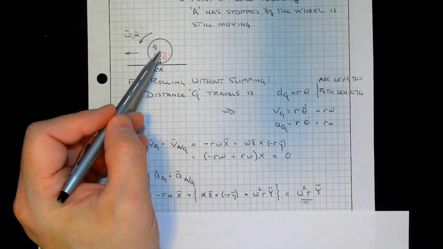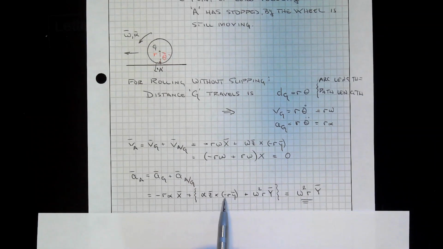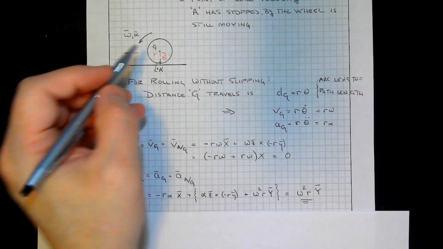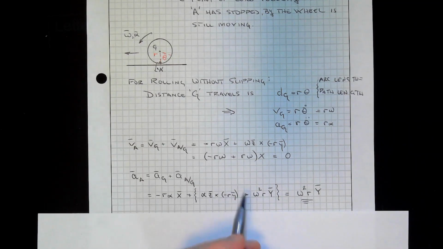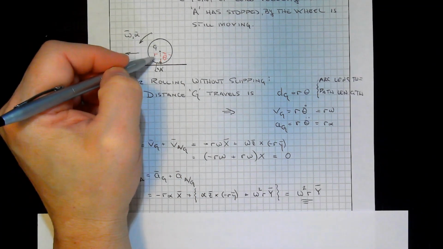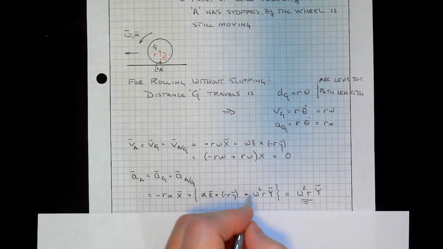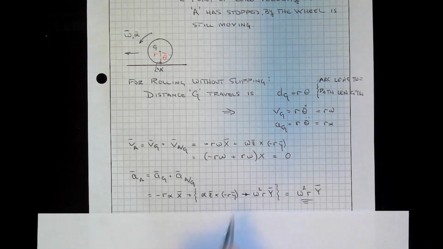And then we need to go from G to A. So A rotates relative to G, so you'll have alpha z, alpha was counterclockwise, cross r, which is minus r y, so length r down. And then we have plus omega squared r y. Normally you would say minus, in this direction down, but that would just flip you back up again, so let's just get that plus sign in there. Add it all up.